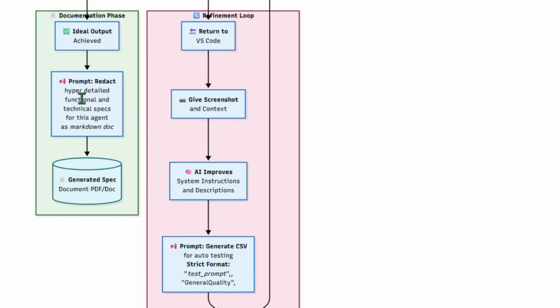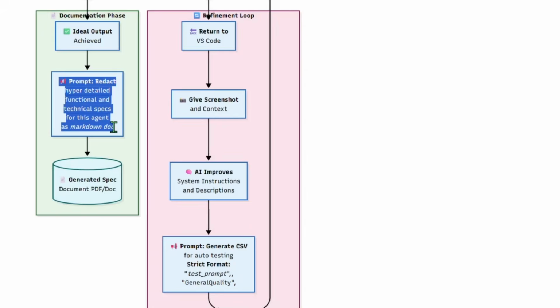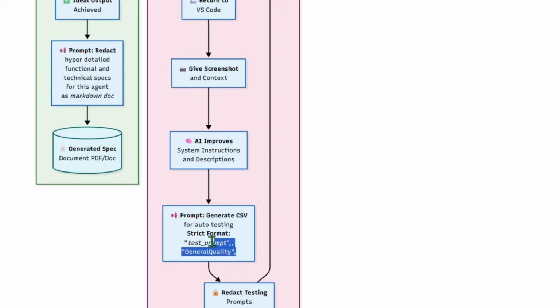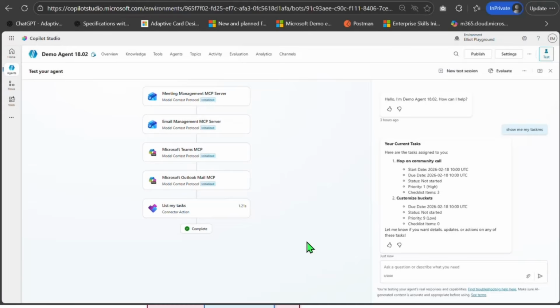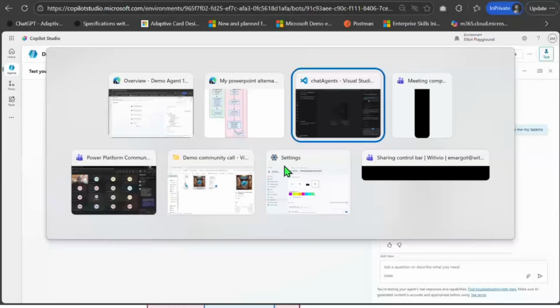I can redact test cases, specifications, and documentation about my agent, and I can also generate a CSV for testing. So instead of taking all the context out, giving it to Copilot and having Copilot generate non-optimal testing scenarios, since GitHub Copilot has the full context, it's now able to create perfect test scenarios.